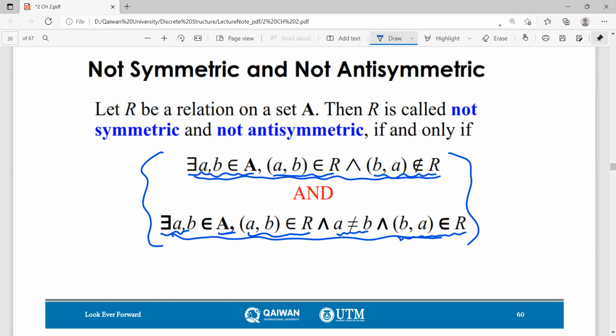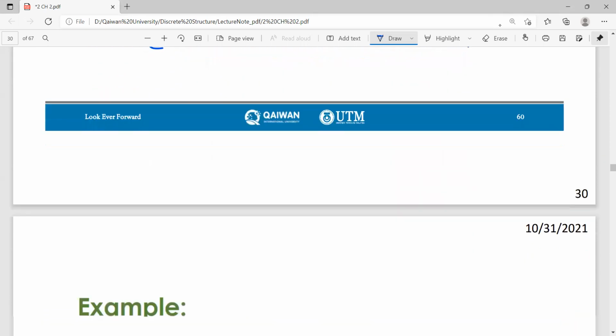If a relation satisfies these two conditions at the same time, we say the relation is not symmetric and also not anti-symmetric.